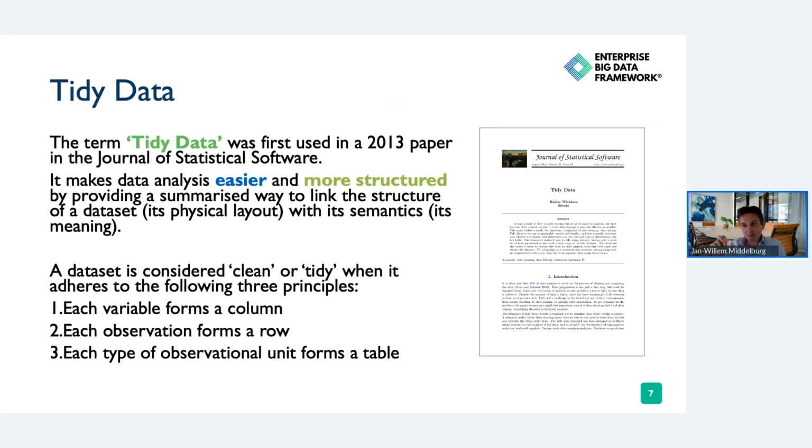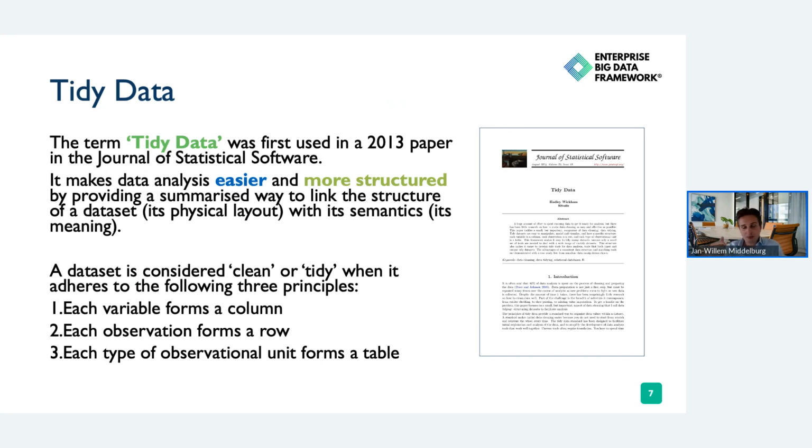But the most important part is kind of a summary that is towards the end of the paper, and that is to consider a data set clean or tidy, as Mr. Wickham refers to it, it needs to adhere to three very fundamental, and I would say basic principles, but they're very valid to always keep in the back of your mind whenever you are considering or looking at a data set.